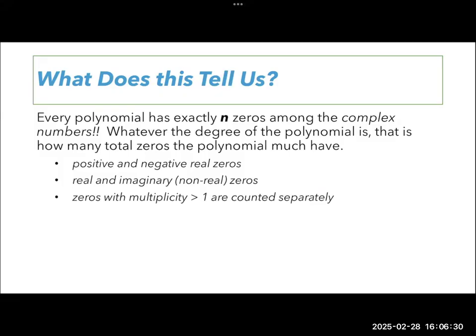It can be positive or negative real zeros. It can be real zeros or imaginary non-real zeros. And if you have a zero that has a multiplicity greater than 1, each of those zeros gets counted separately to add up to whatever the degree is. That can be really helpful for us as we start looking for all of the possible zeros for a polynomial function.